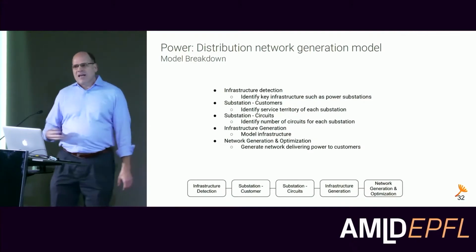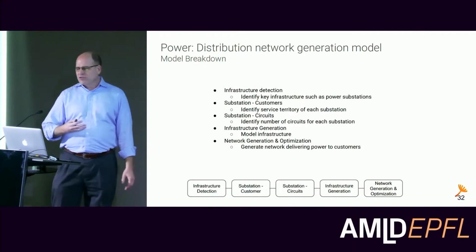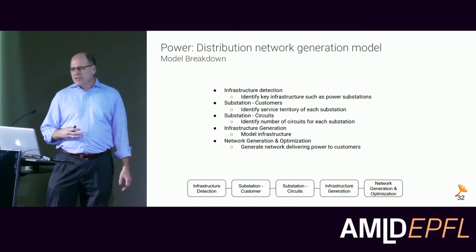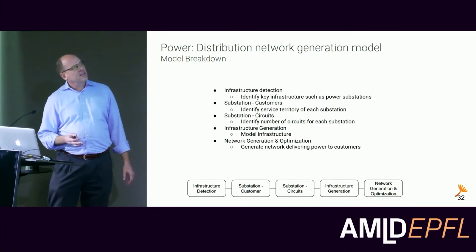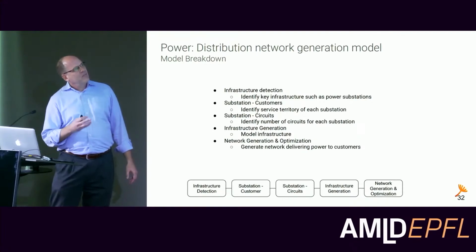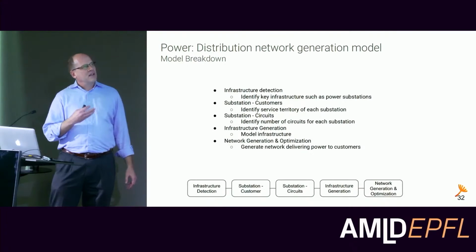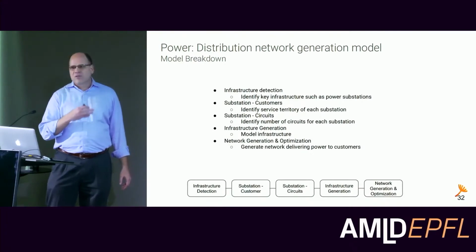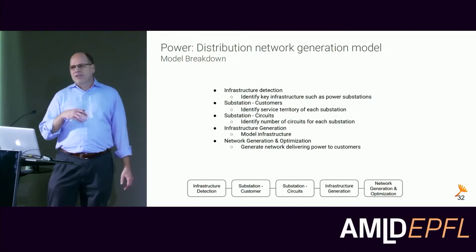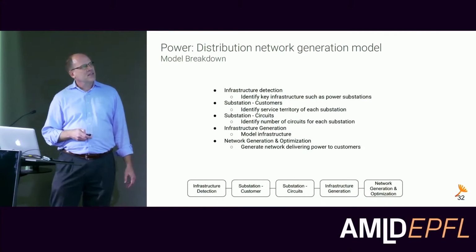And so this is the actual model breakdown. We're going to first detect what infrastructure we can. Then we're going to essentially identify the service territory geographically and the circuits. And then based on that information, and this all happens after we've actually trained on what data we have, we're going to combine that with this constrained model and generate the infrastructure synthetically.